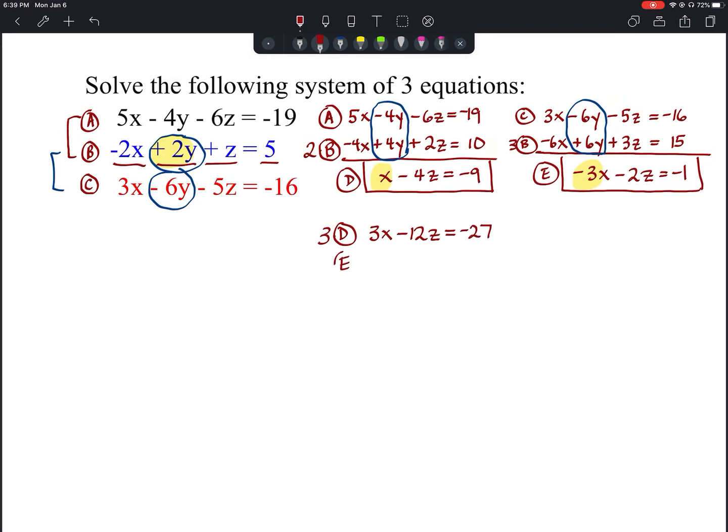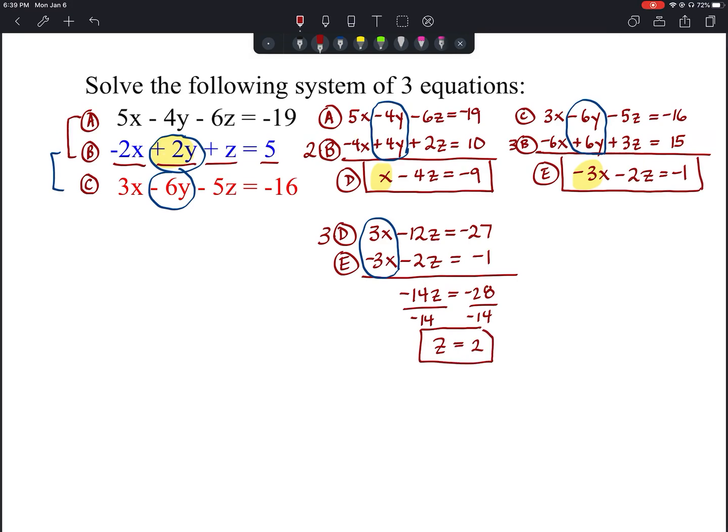I'm going to bring my E equation down, so negative 3x minus 2z is going to equal negative 1. Go ahead here, eliminate. So remember, this time you're eliminating your x's. Therefore, we have negative 14z is going to equal negative 28. Divide each side by negative 14. So z is going to equal 2.